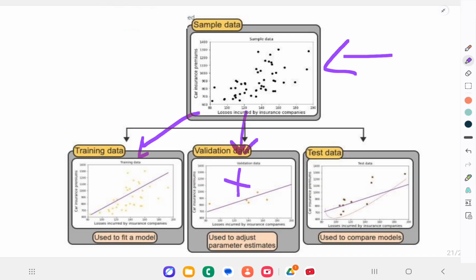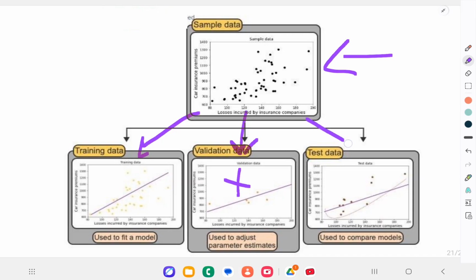We use it to select the model and fine-tune its parameters, and to compare if we have different models. We use the validation performance to compare these different models, and we get to decide when to stop training a model, for example in the case of deep learning.